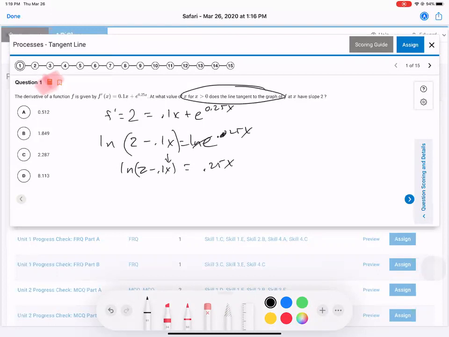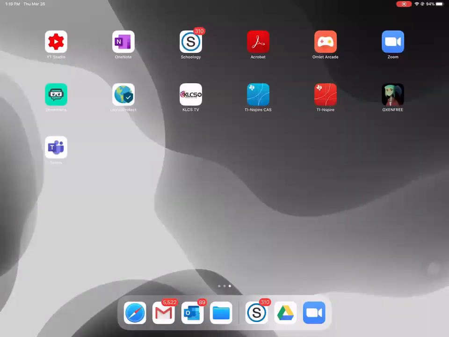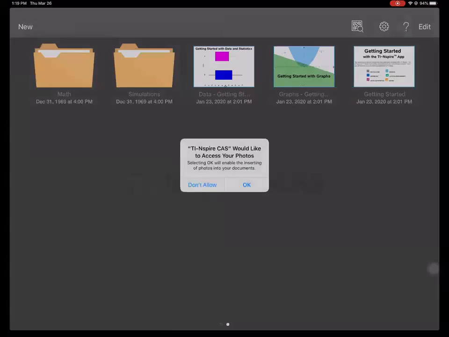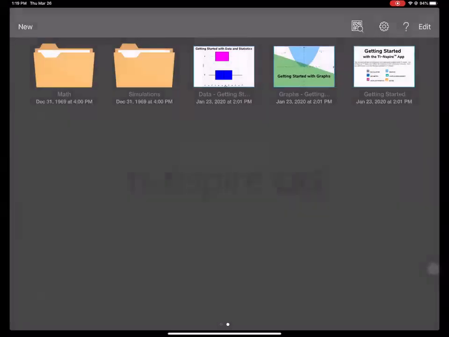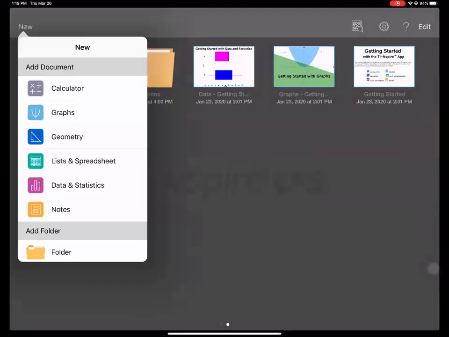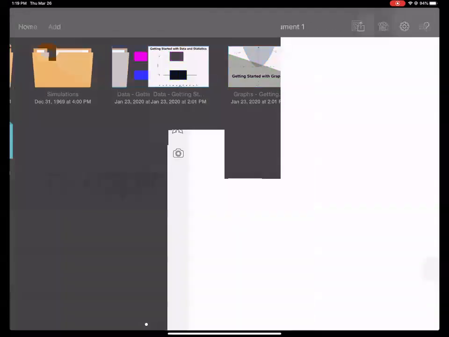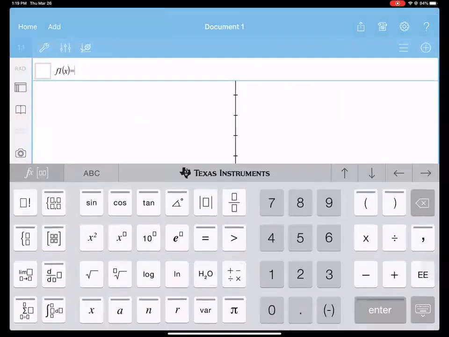So this calculator problem is done a different way. Let me show you how. I haven't used Inspire before, but let's see if it works. New graphs. So we're actually going to graph this function.